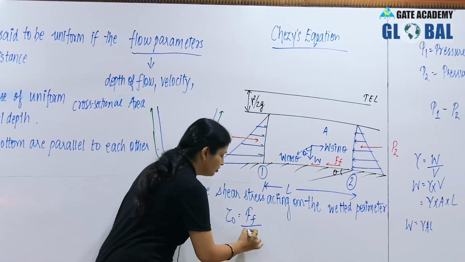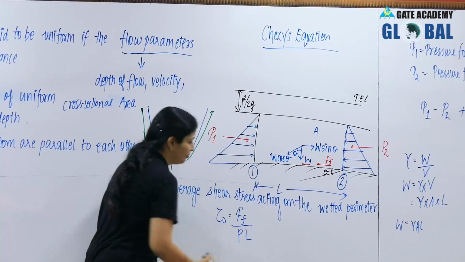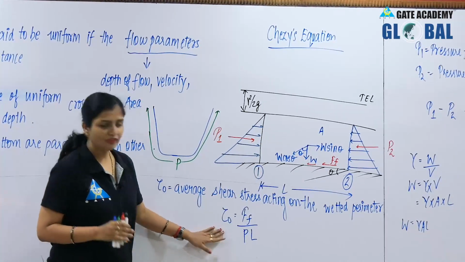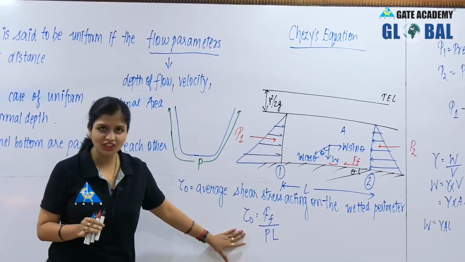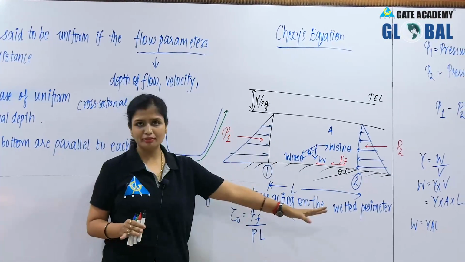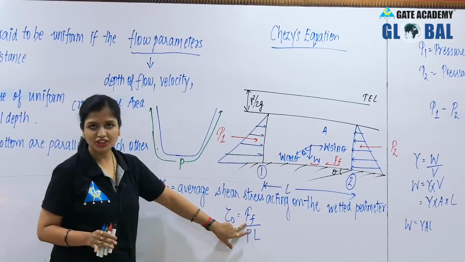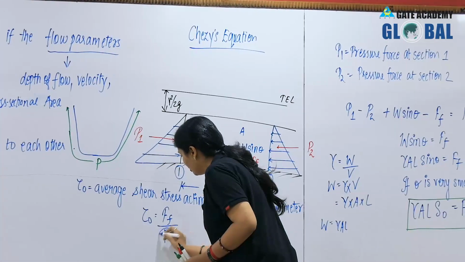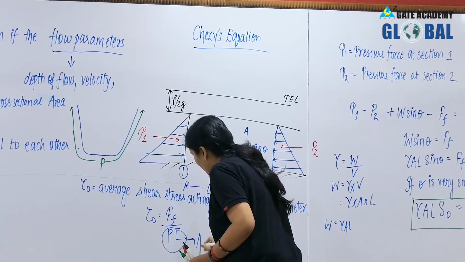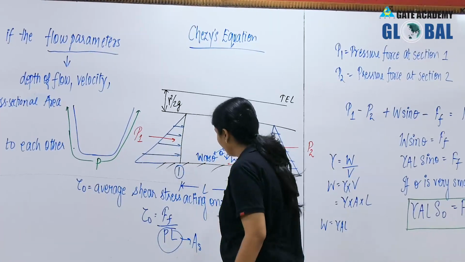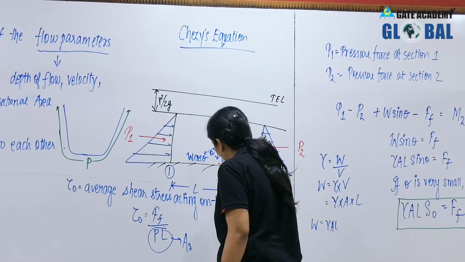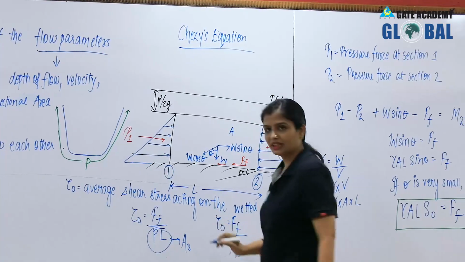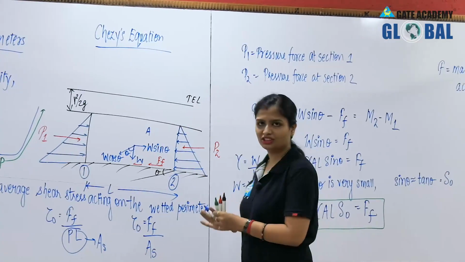So this one is your P, which is your perimeter, fine, and your length. So I have written tau naught, which was your average shear stress acting on the wetted perimeter, is equal to your frictional force divided by, this one is your area, that is your AS. You could have written it first, tau naught is equal to Ff divided by AS, skin frictional area, because you know that this is the skin friction drag.